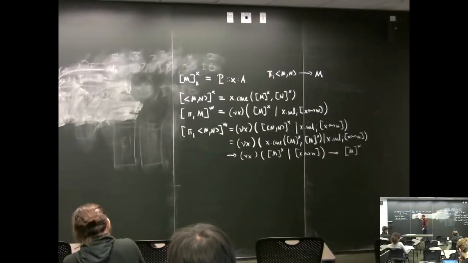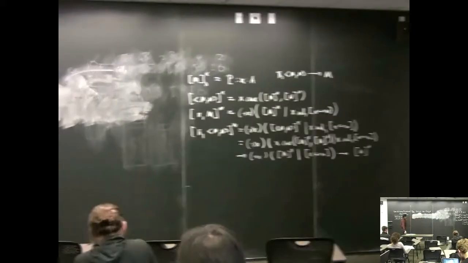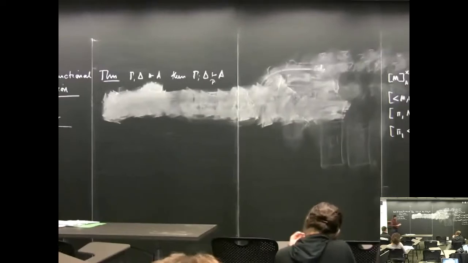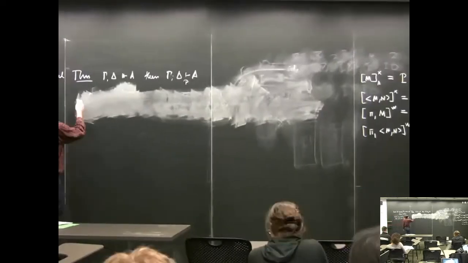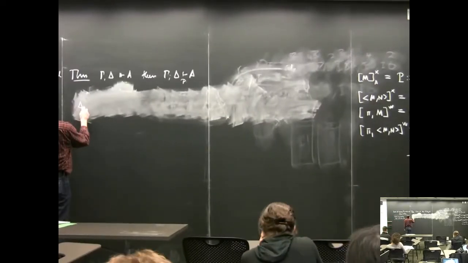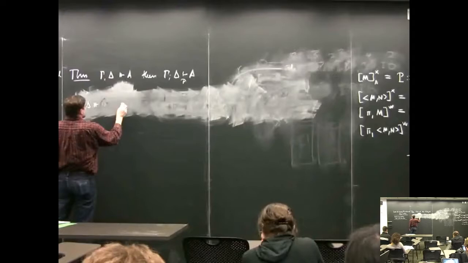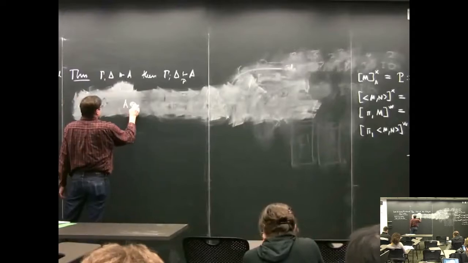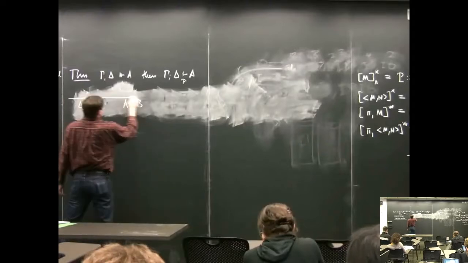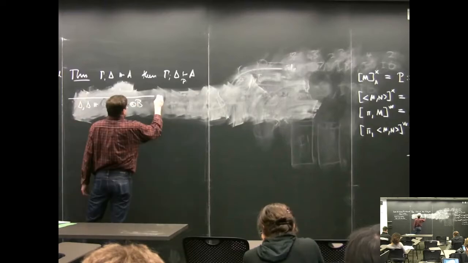So now things should be different in any case, because it's a different kind of pair, obviously. So let's try. We have delta prime proves A, I should leave some room here, A tensor B, and that's the tensor introduction rule.